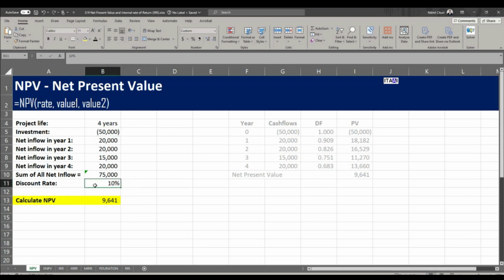But you are ignoring one of the key factors, which is inflation and some other hidden factors. So for that reason, we are using inflation plus some other hidden factors. So let's count it as 10%. And the equivalent, instead of 25,000, I'm getting 9,641. So technically, that's my real net positive inflow, and this is the one that we'll be considering.